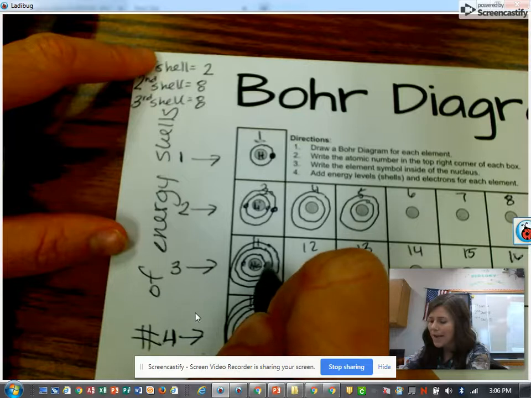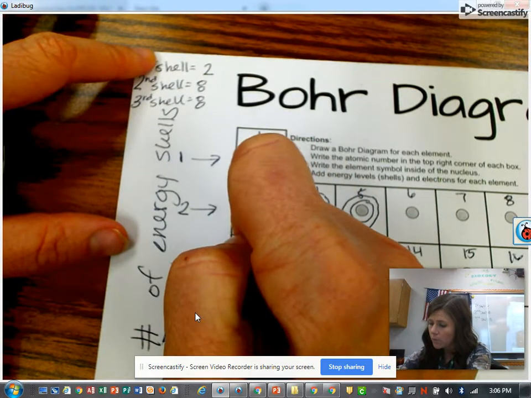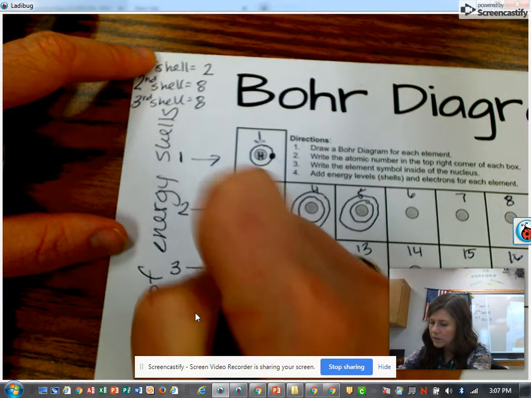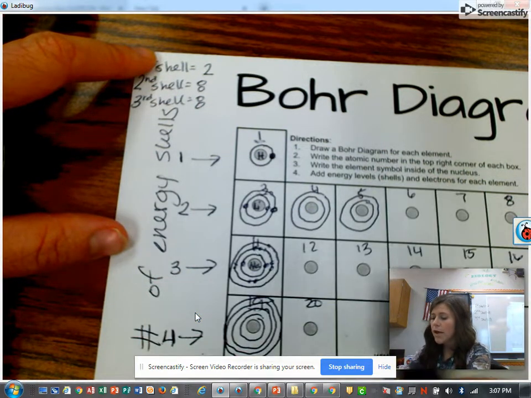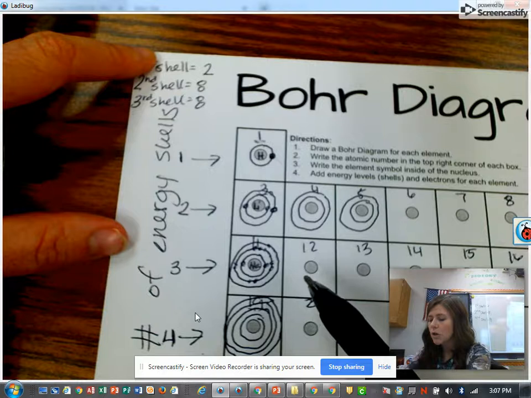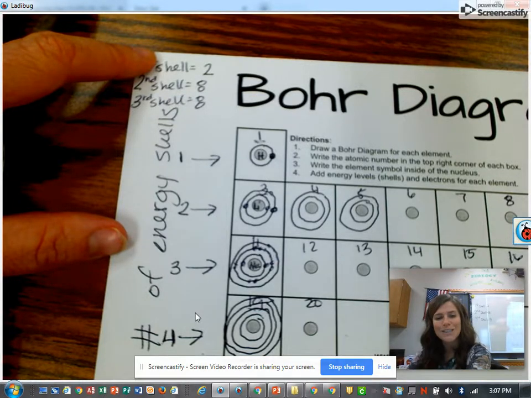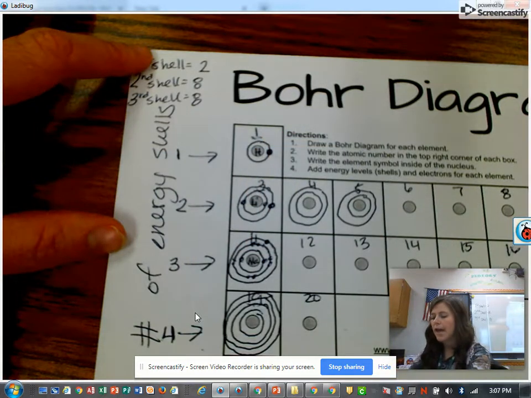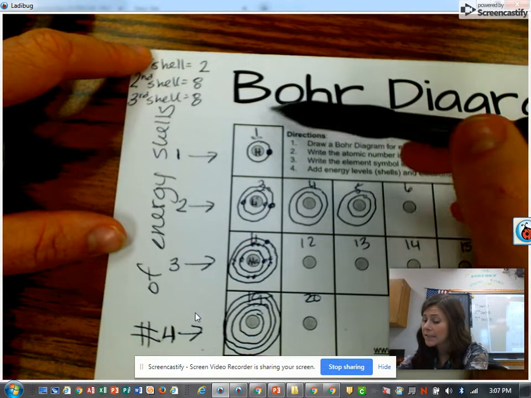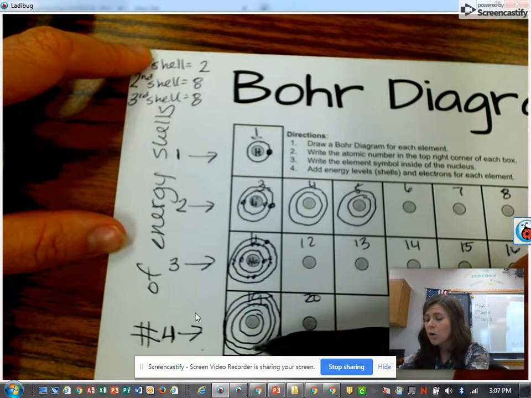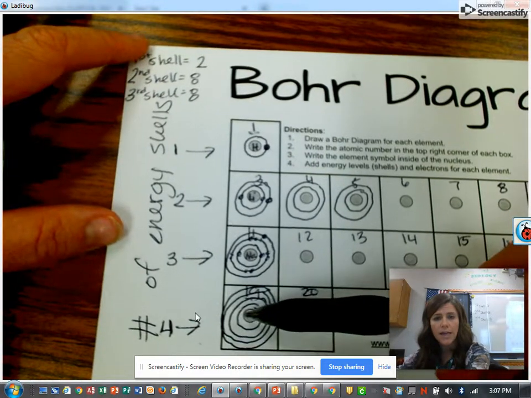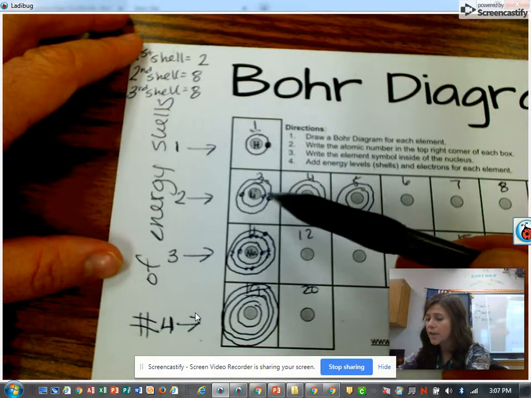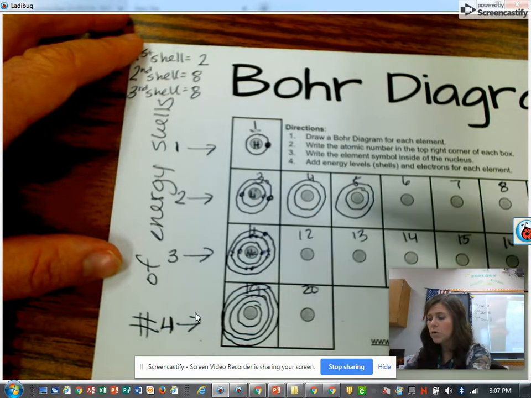If we do 8, that's only 10 electrons, so we should have 1 in the outer shell. That makes sense because it's in group 1, so it should only have 1 valence electron, or 1 electron in the outermost shell, just like hydrogen, lithium, and now sodium.